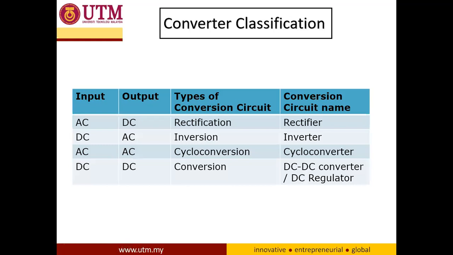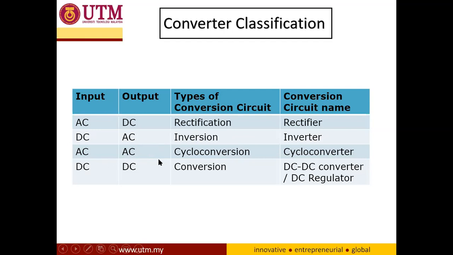And this is the converter classification. For AC to DC, we call the conversion type rectification, and the circuit is a rectifier. For DC to AC, it is inversion, and the circuit is called an inverter. For AC to AC, we call it cycloconversion, and the circuit is a cycloconverter. And lastly, DC to DC, we call this conversion, and the circuit is a DC to DC converter.